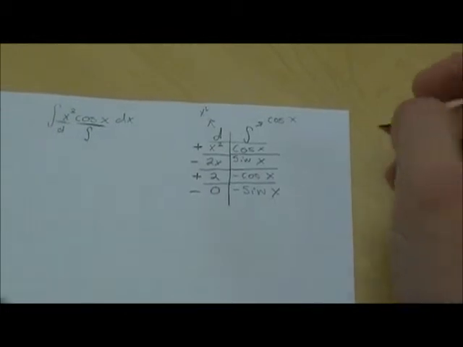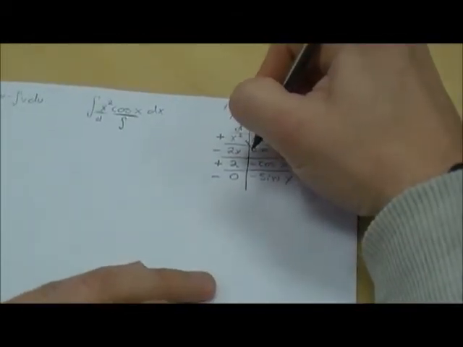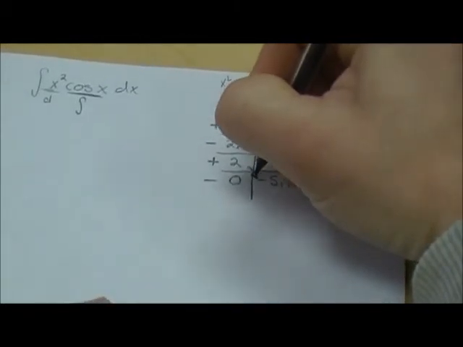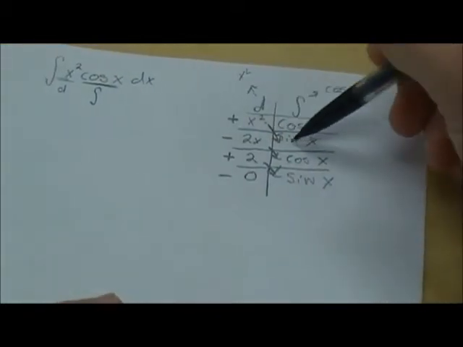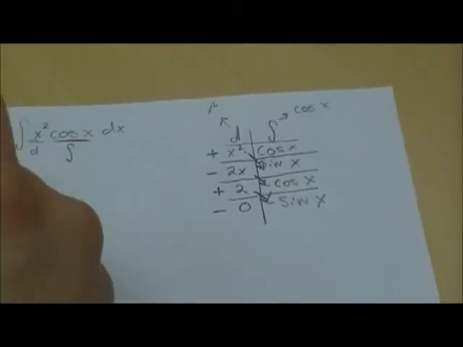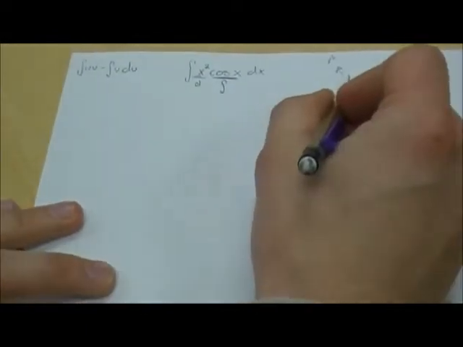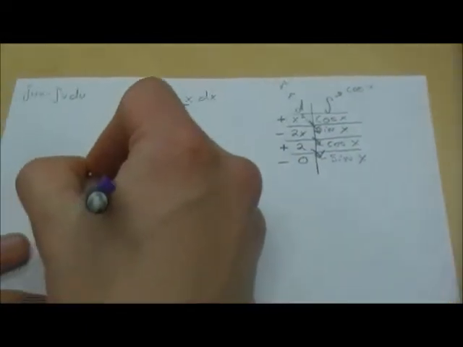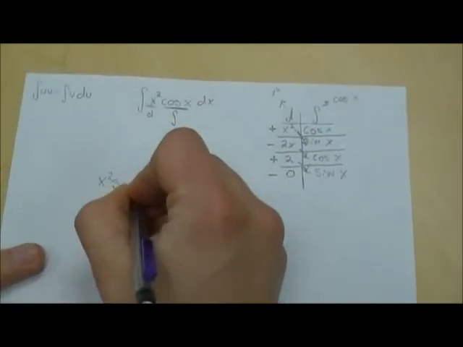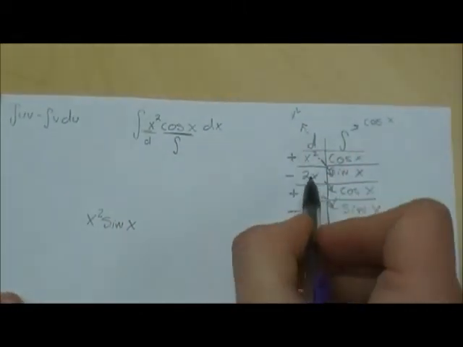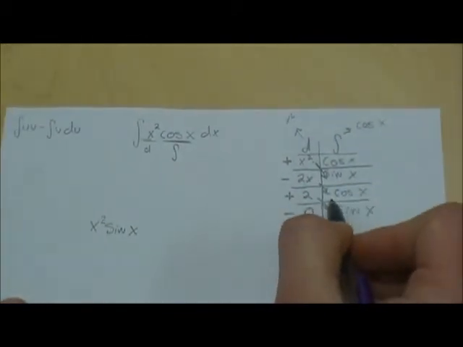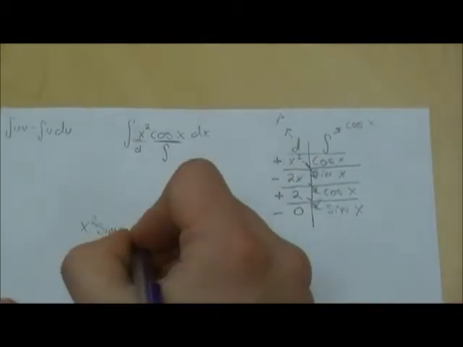Then from this point on, we just draw little arrows diagonally like that. And then we just multiply these across, and that's pretty much it. So then we get x squared from here times sine x. Then you get negative 2x times negative cosine, which makes that positive.